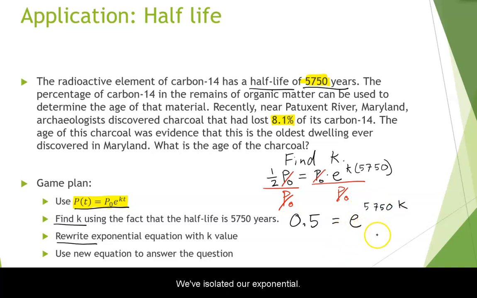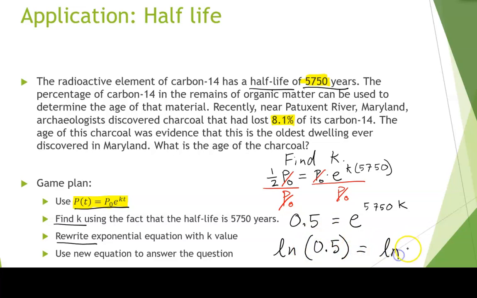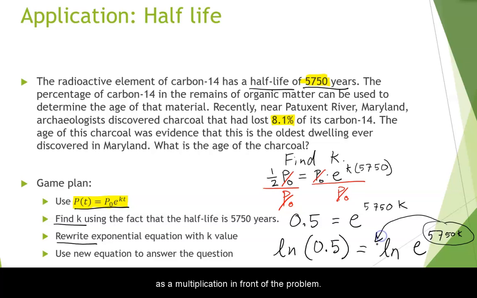We've isolated our exponential. At this point, we want to take the logarithm of both sides. It is convenient to take the natural log. We use our property of logs to rewrite this exponent as a multiplication in front.